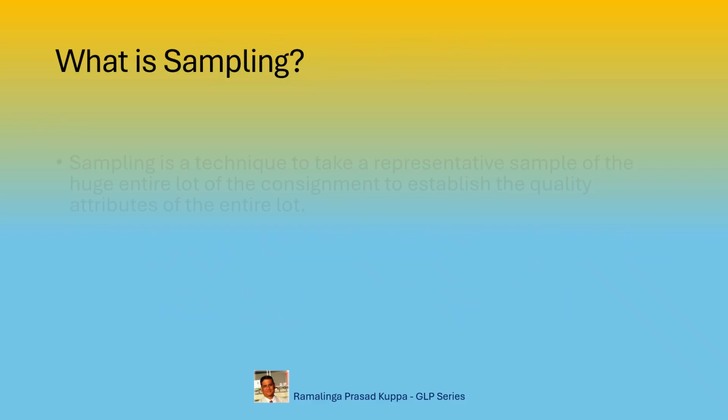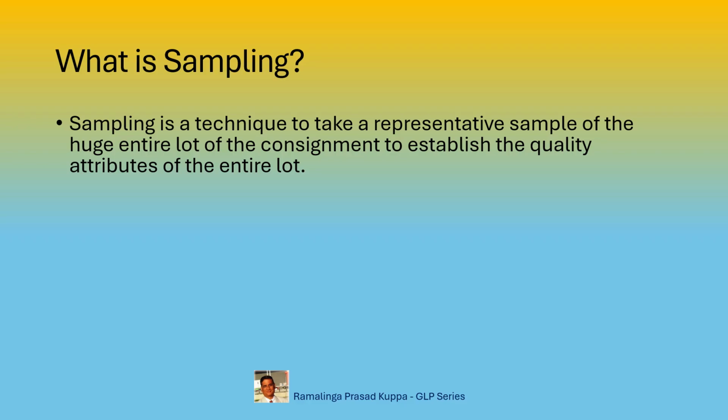What is sampling? Sampling is a technique to take a representative sample of the huge entire lot of the consignment to establish the quality attributes of the entire lot. Sampling is not just a collection of small amounts of the product for evaluation and take a decision for a pass or fail status.